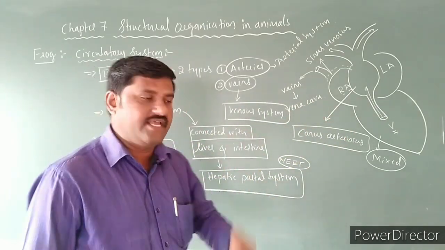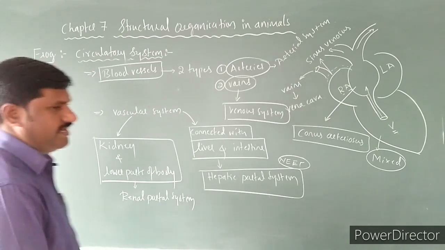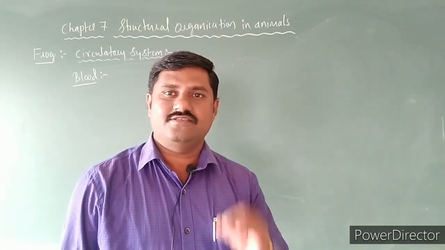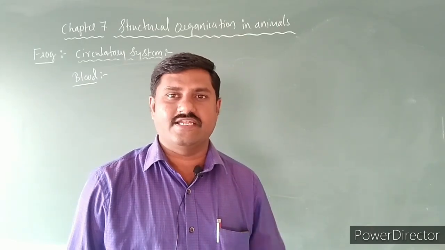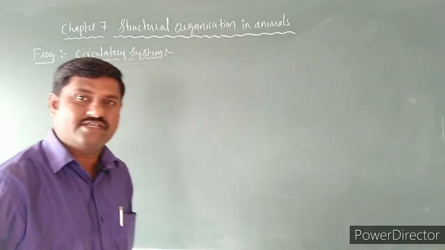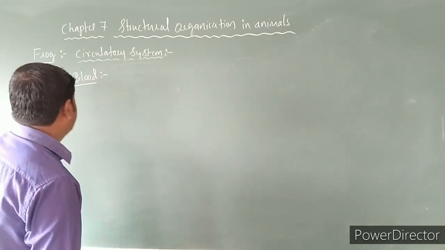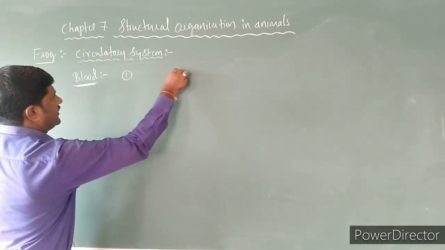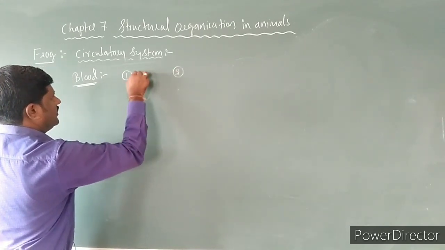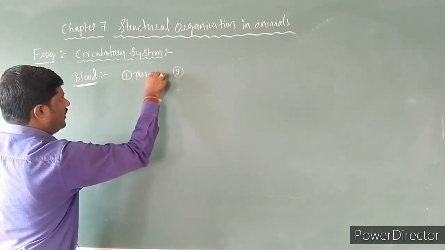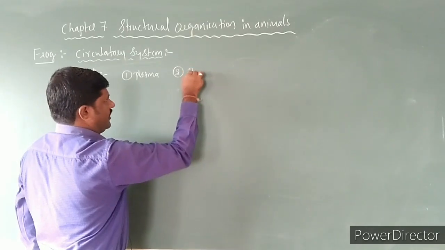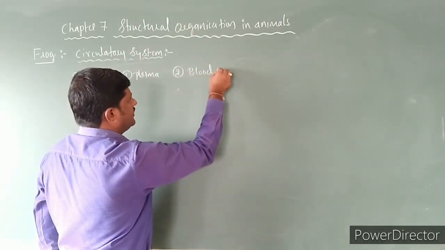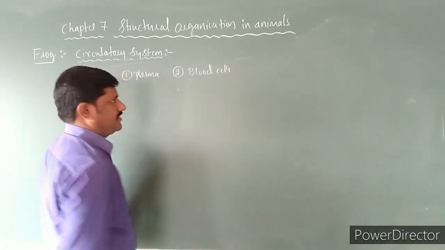And the next one is blood. Let us go to the blood. This is a thick, viscous, red colored fluid that circulates in the entire body. That is nothing but blood. And this blood mainly consists of two parts. One is called plasma and the second one is called formed elements. Already I have mentioned formed elements, that is blood cells.